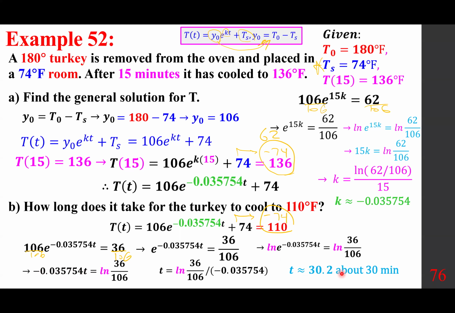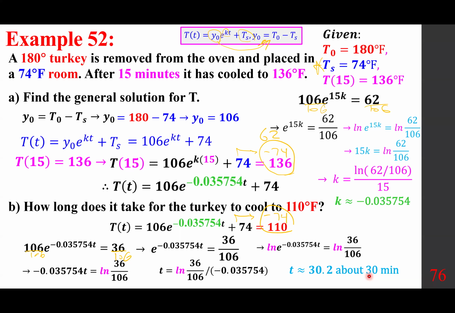So 30.2, about 30.2 minutes, about 30 minutes. The reason you may change that, again, first you have to see if they ask you for an approximation and how many decimals. But aside from that, the whole thing is an approximation to begin with, okay?